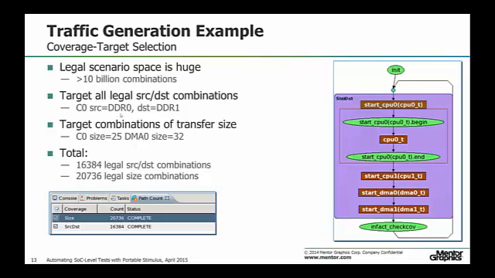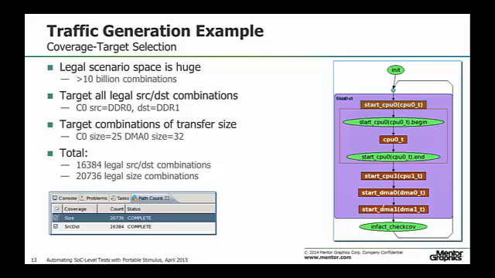So we want to reduce it, so we only want to target certain source and destination combinations, actually all of the legal ones, which is shown by this purple box on the diagram, overlaid on the graph. And there are certain combinations of transfer size that are interesting in this particular scenario.